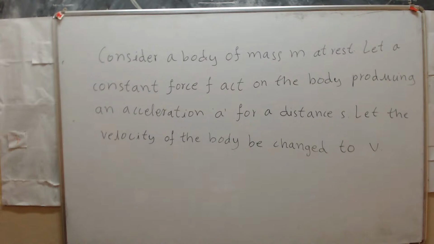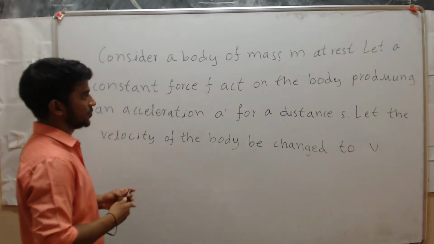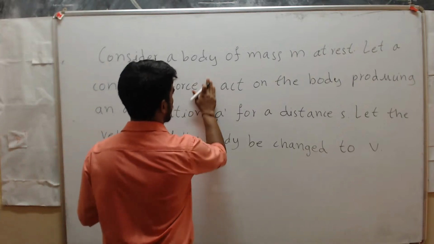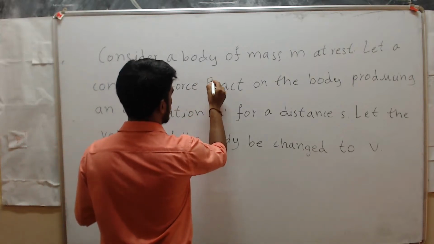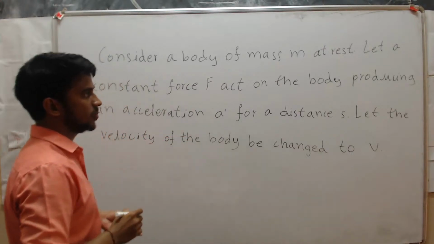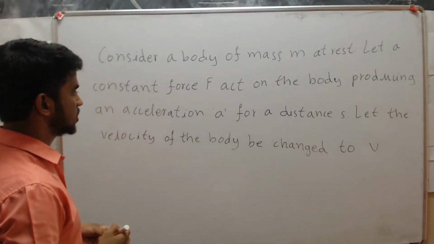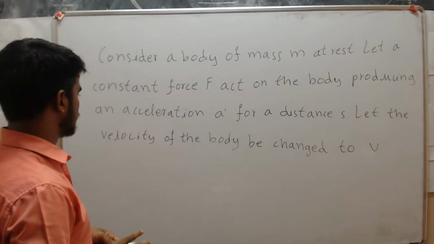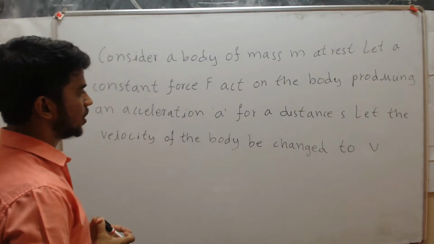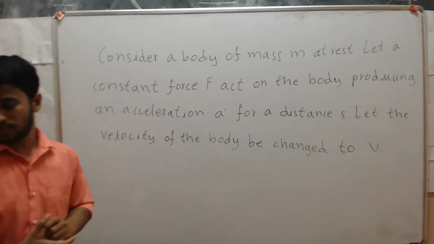Okay. So here consider a body of mass m at rest. Let a constant force F, sorry, capital F, act on the body, producing an acceleration a for a distance s. Let the velocity of the body be changed to v.